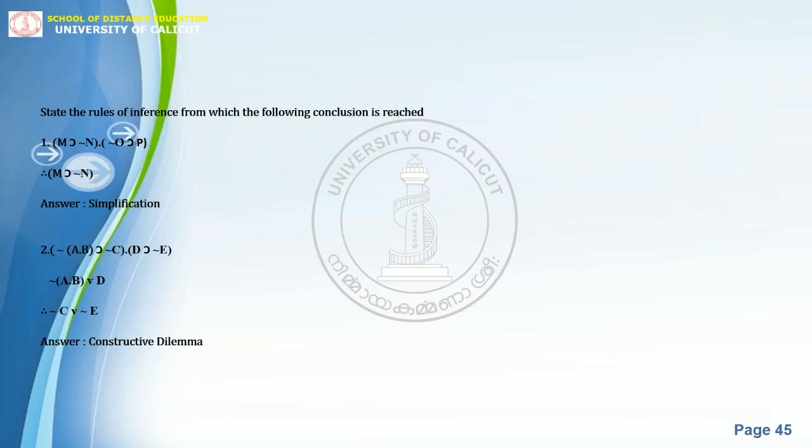We can check with the 9 rules of inference and find that by using the rule of simplification we can derive this answer. And similarly, we can find that the rule of constructive dilemma is used here in the second one to get the answer negation C or negation E.